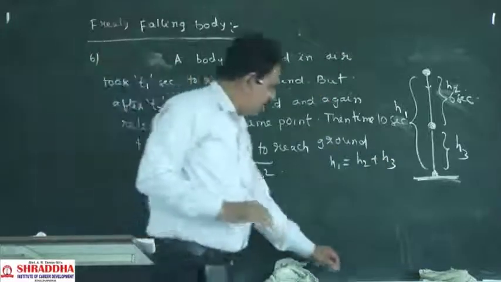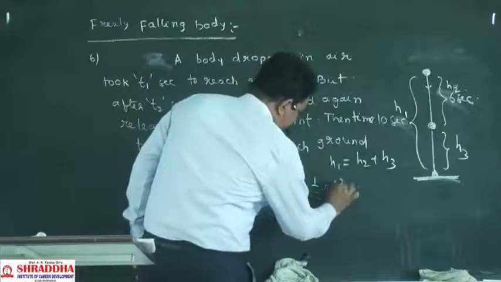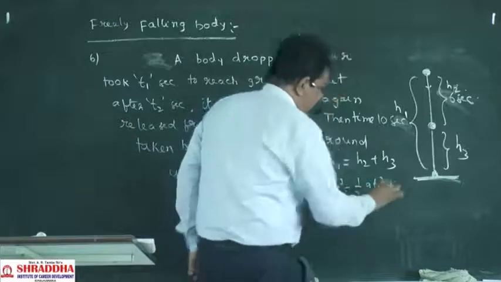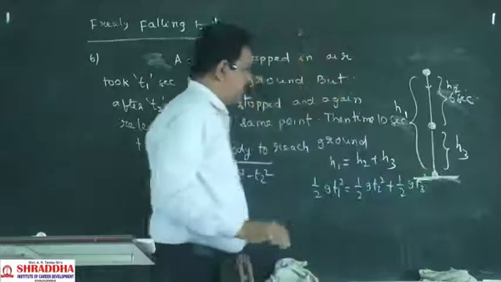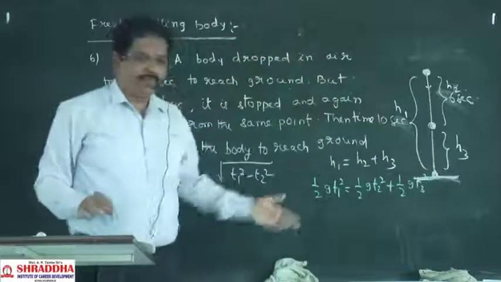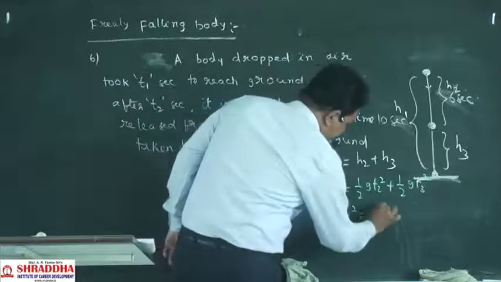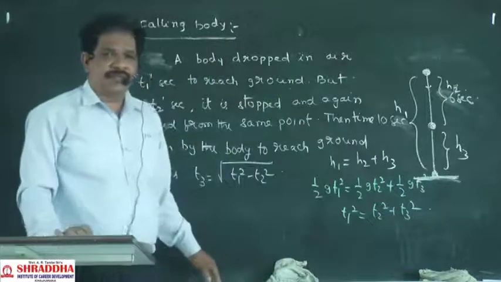H1 is 1 by 2 G T1 square, H2 is 1 by 2 G T2 square, and H3 is 1 by 2 G T3 square. Half G on both sides cancels. T1 square is equal to T2 square plus T3 square.